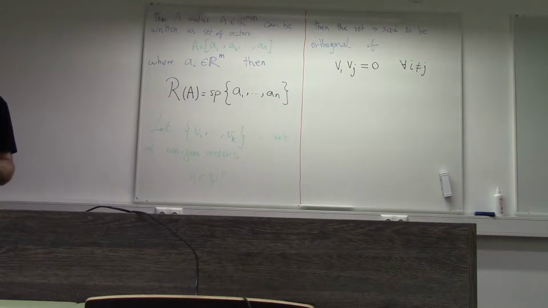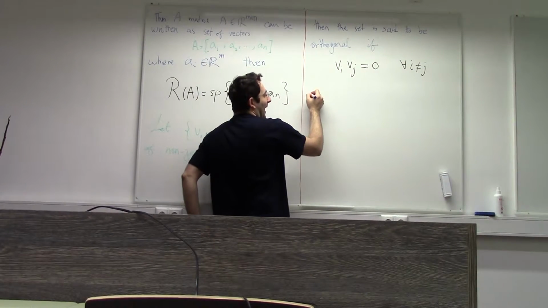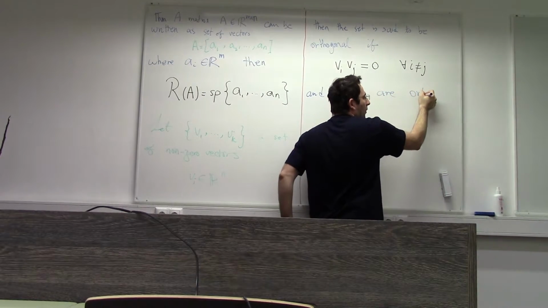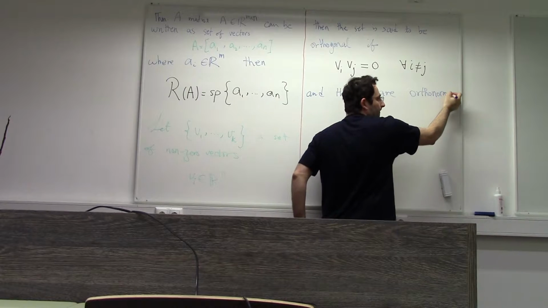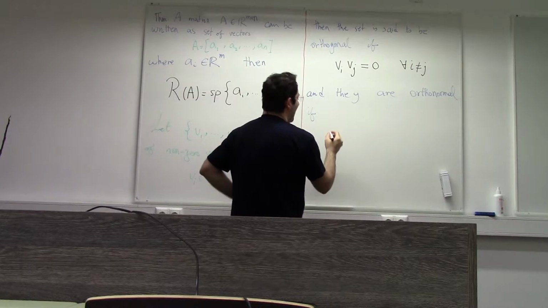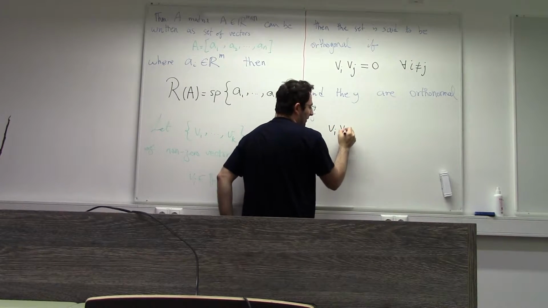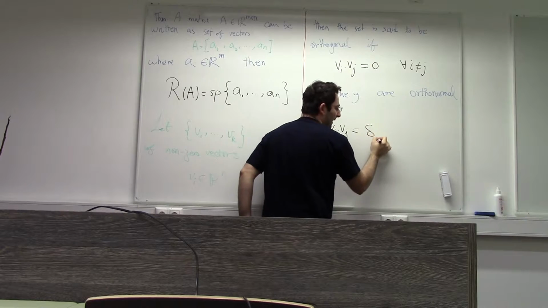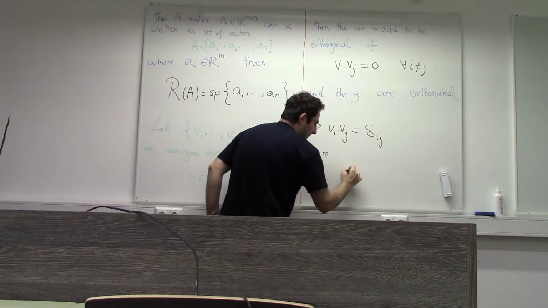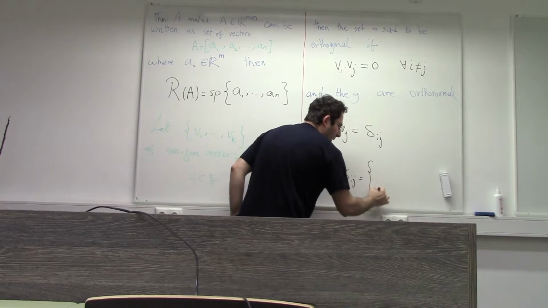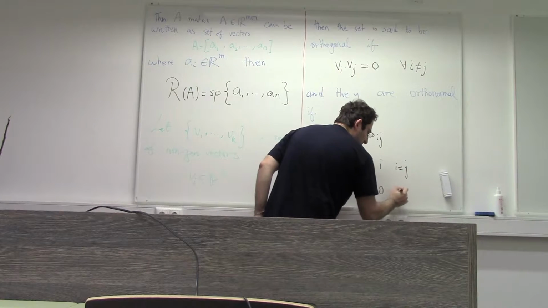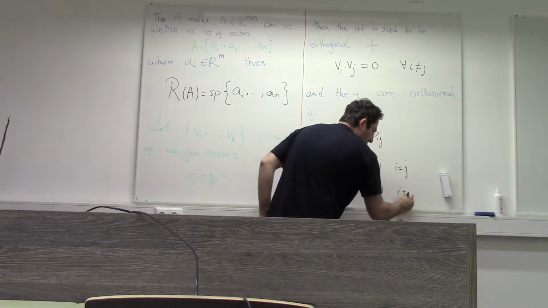Now, 1 is a very special number, so we say they are orthonormal if Vi dot Vj is equal to delta ij, where delta ij is equal to 1 if i is equal to j, and 0 if i is not equal to j.